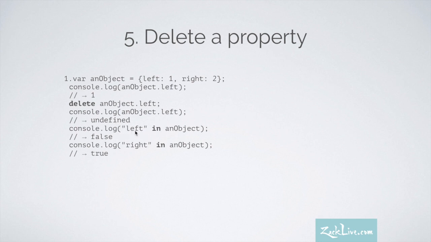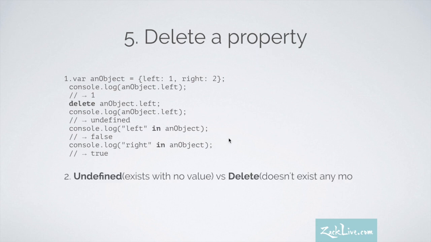And if we check if the property is still in the object, we got false. But for the right property, it's still in the object.